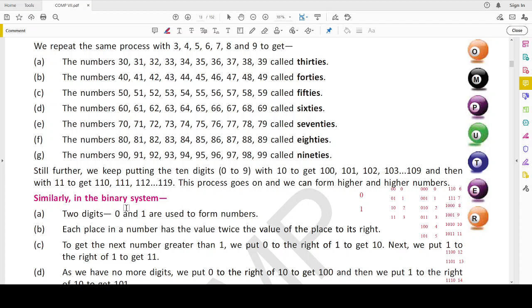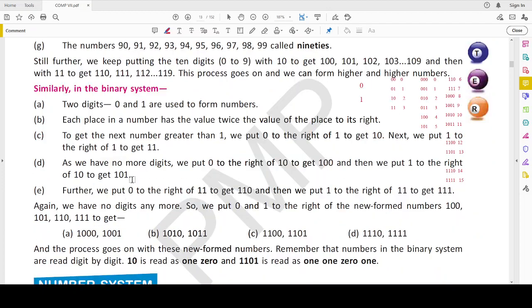Now what about binary? How will you generate the numbers in the binary number system? You have seen, as soon as you have generated all the numbers using the 10 digits, you need another place if there are no other combinations left with the 2 places, like after 99 there are no other combinations left.